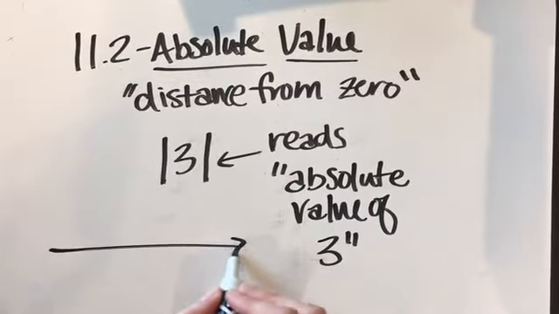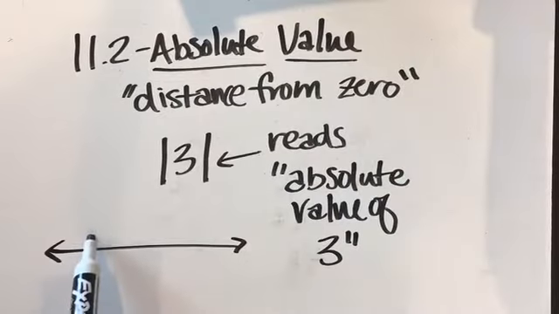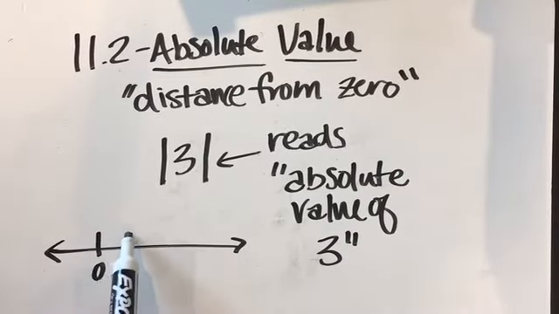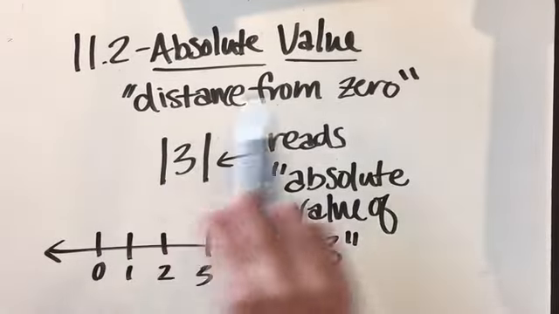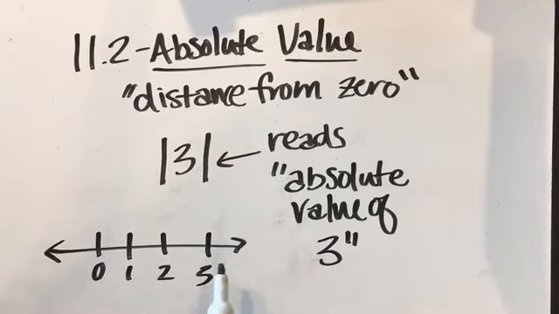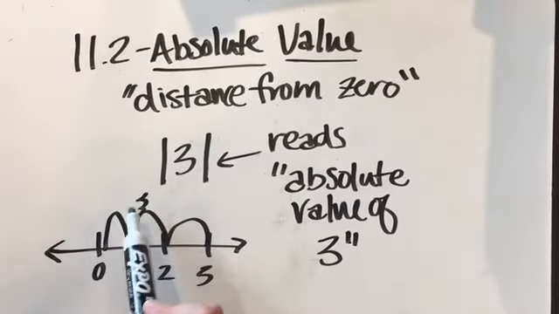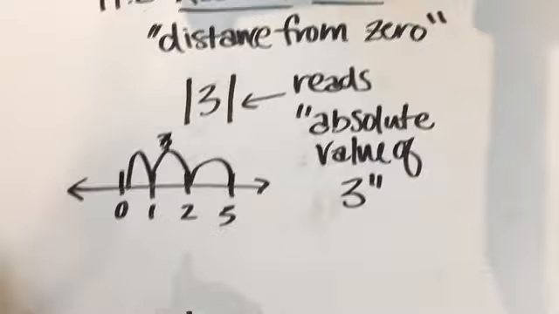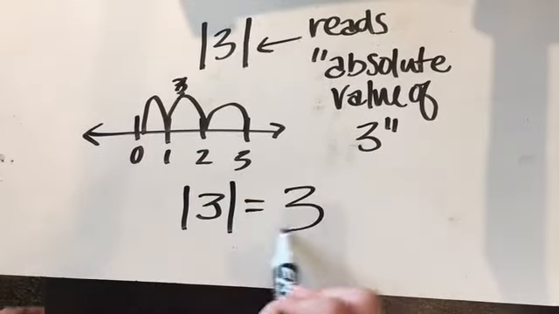So looking at our number line, we need distance from 0, so I'm going to put 0 on there. And I'm going to put 3 on there, so I'll put the numbers in between as well. So how far away? Distance from 0, right? How far away is 3 from 0? Well, we did this problem yesterday, looking for opposites. 3 is 1, 2, 3 units away. So we could say that the absolute value of 3 is 3.